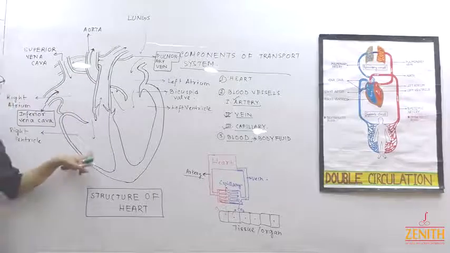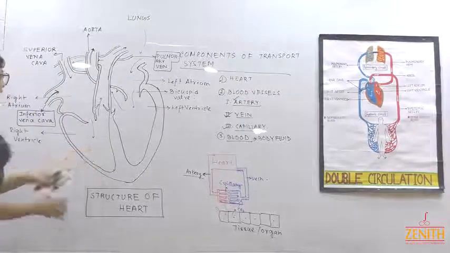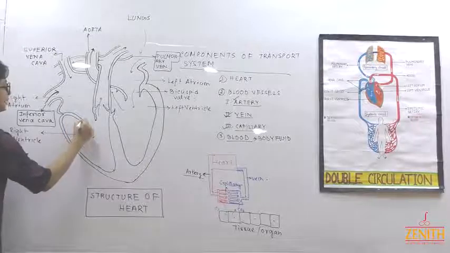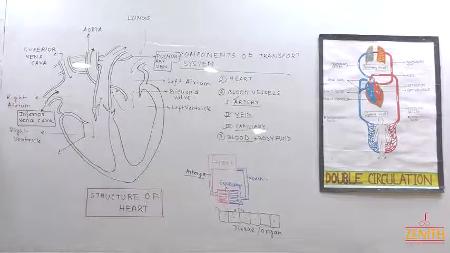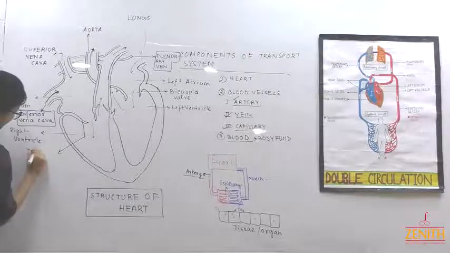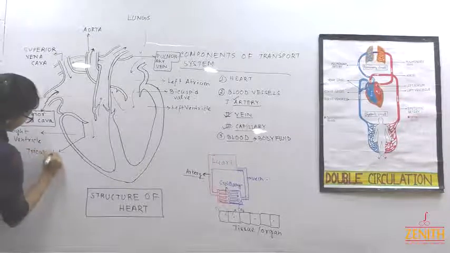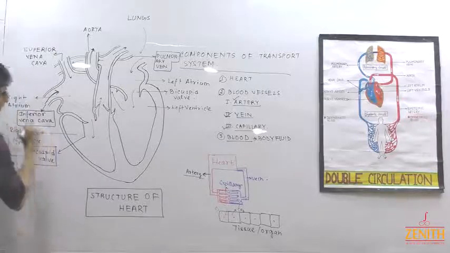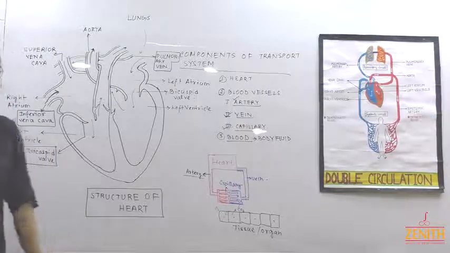So from the right atrium it will enter the right ventricle. Same, in between the right atrium and right ventricle, there is another valve. That valve is known as the tricuspid valve. So this is about the tricuspid valve.